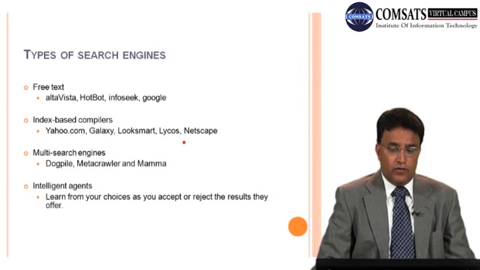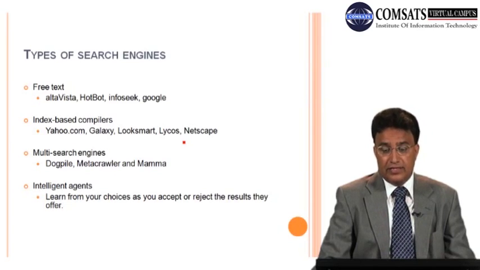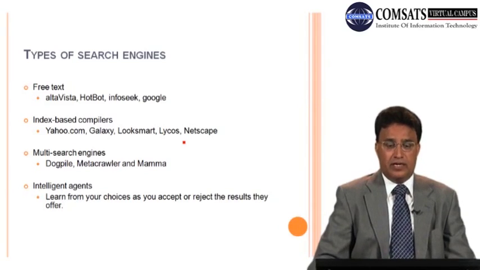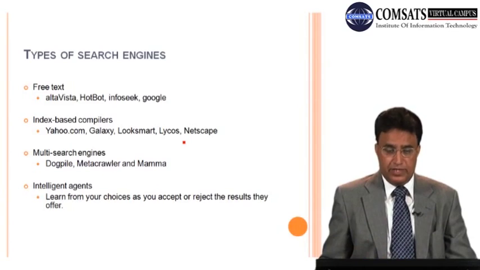The fourth type of search engines are intelligent agents. They learn from your choices as you accept or reject the results they offer, and they keep that in their memory. Next time you type one word, it appears with 3, 4, 5 options, and you have to choose the appropriate one.